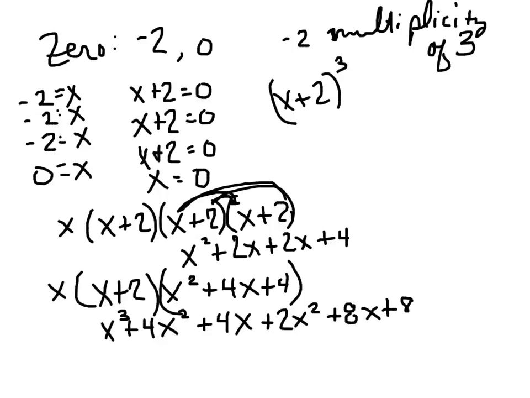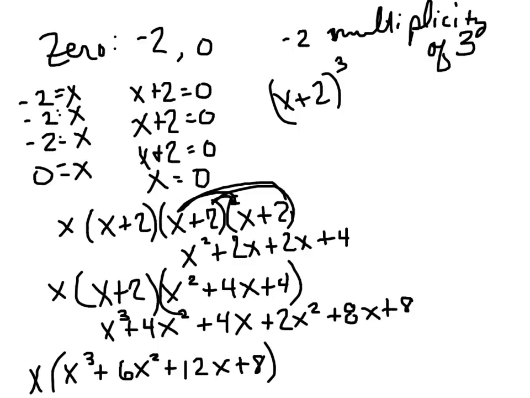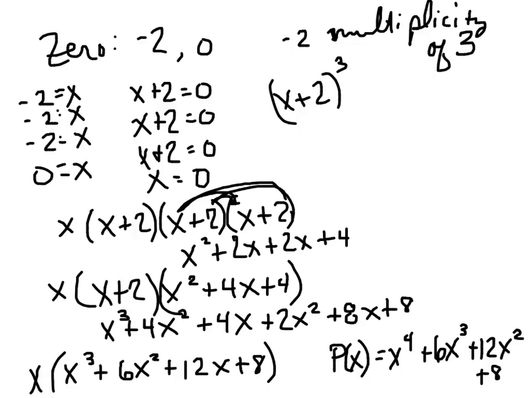And then after combining like terms, I get x to the 3rd plus 6x squared plus 12x plus 8. And then I still have to multiply that by x to give me a final answer of p of x equals x to the 4th plus 6x to the 3rd plus 12x squared plus 8x.